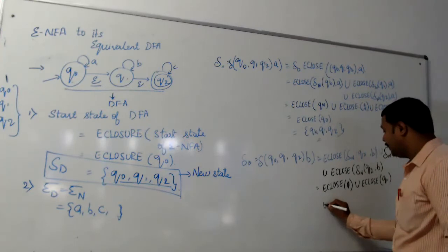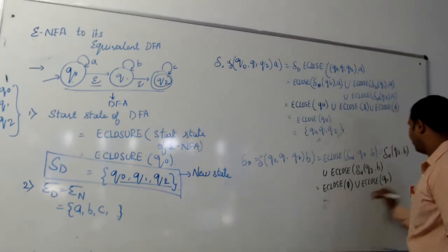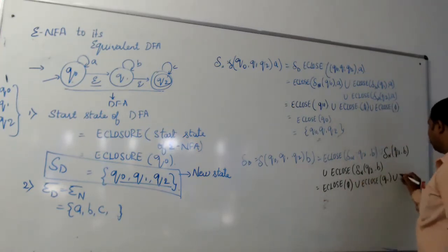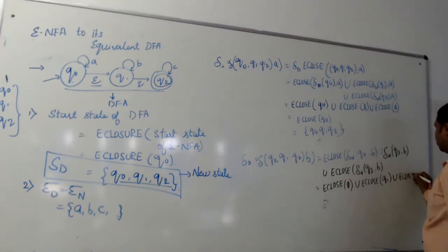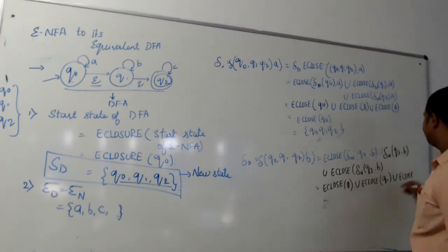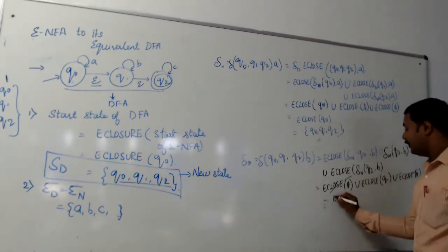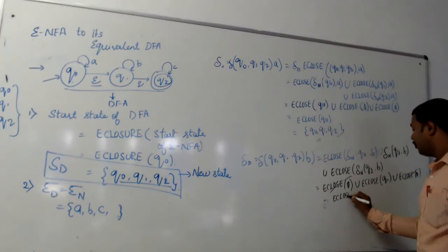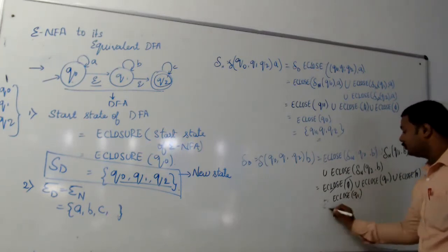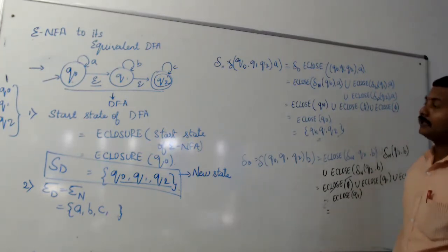Next, union E close of Q2 on B is again null, so this will be nullified, and E close of Q1. So E close of Q1 will be here.